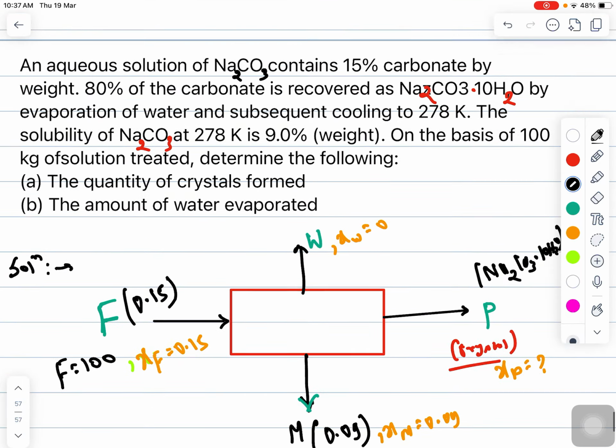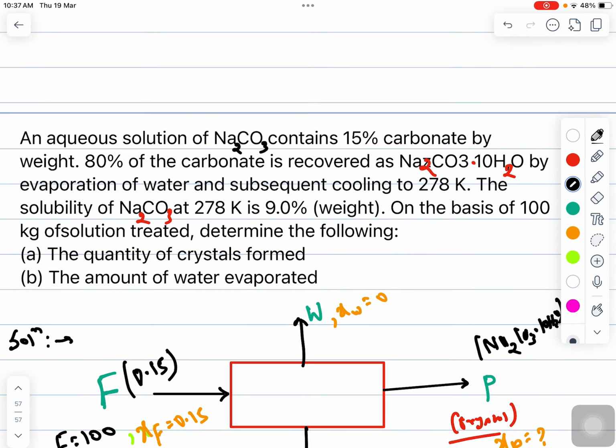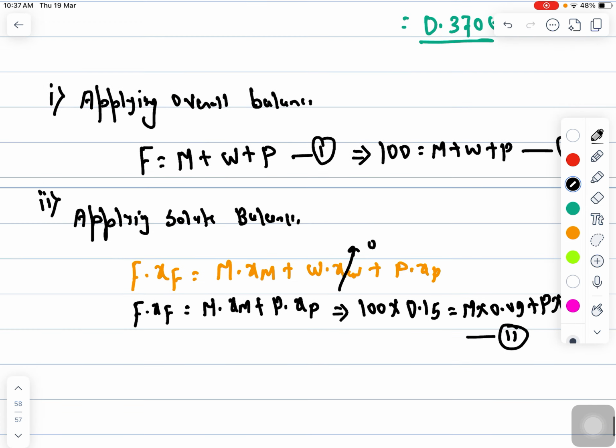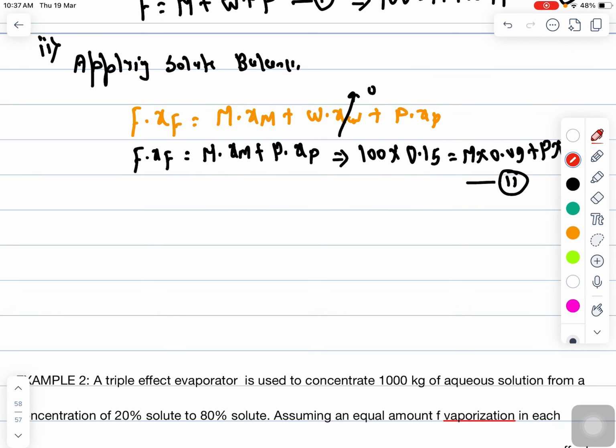And then, the problem also tells us that 80% of the carbonate is recovered as this kind of crystal, right? So what is happening here? The problem says that 80% is getting recovered as a crystal.